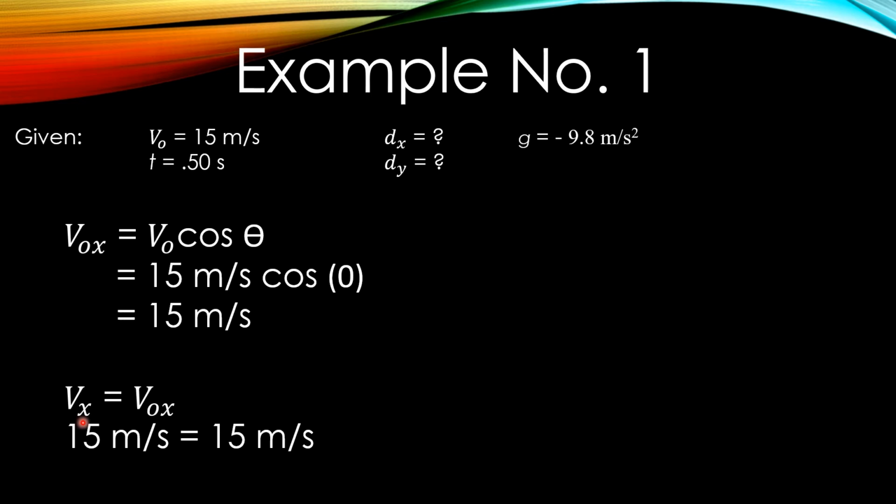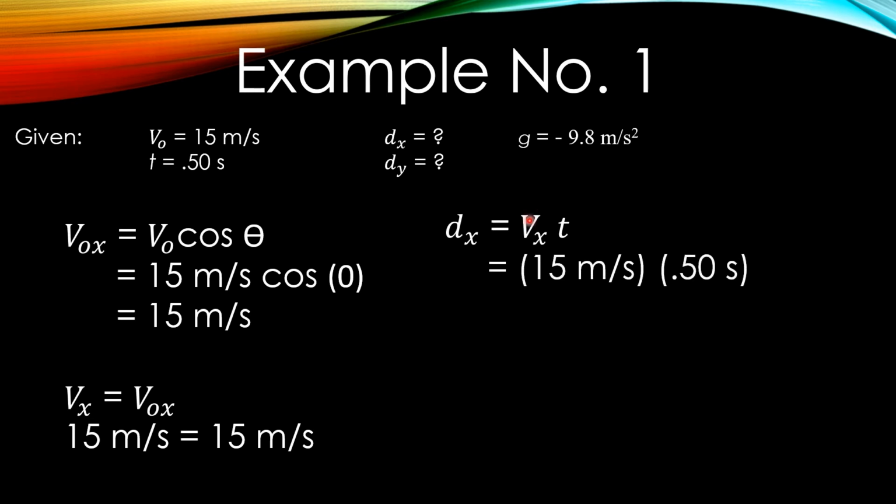Now, let's find the horizontal displacement. We have dx is equal to instantaneous horizontal velocity times time. Now, what is the value of our vx? We have 15 meters per second. How about the time? Okay, refer to the given, we have 0.50 second. Let's substitute the given.